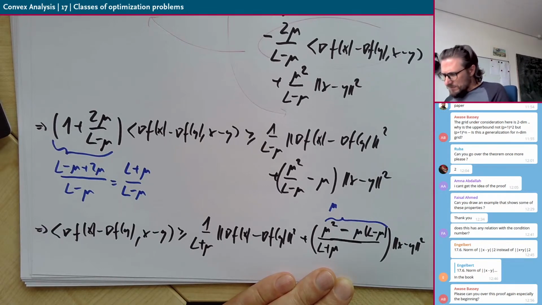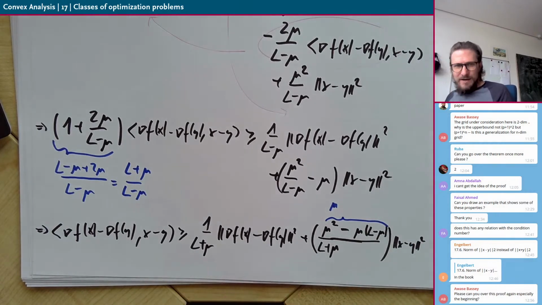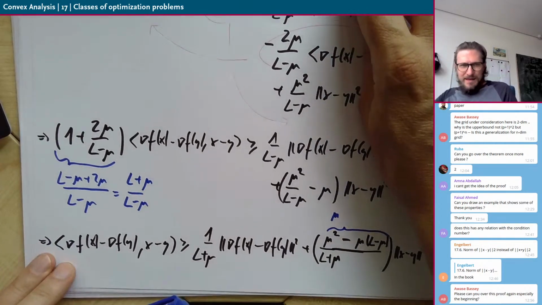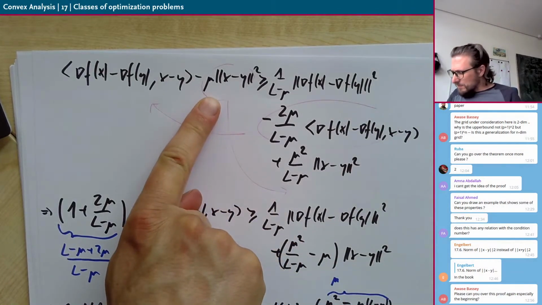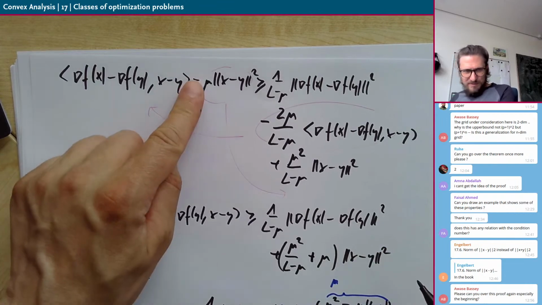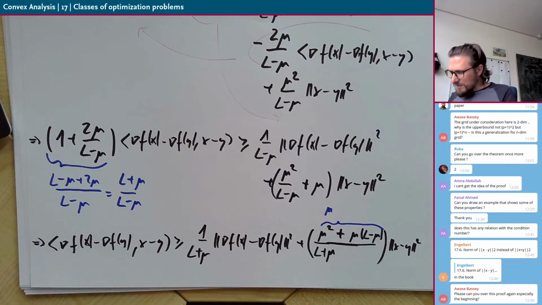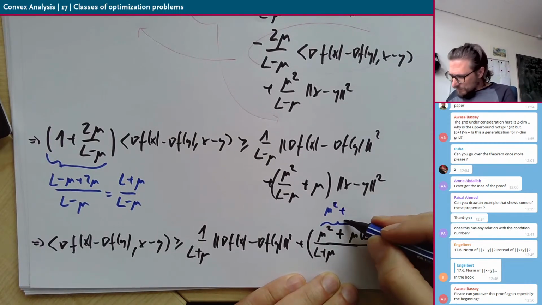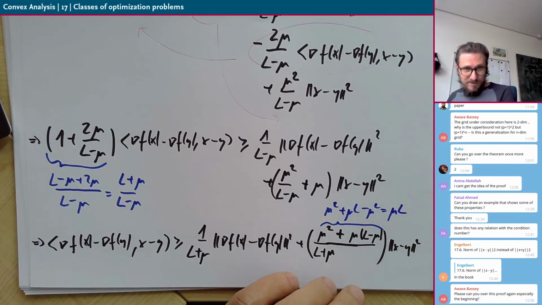Yeah, I made one mistake. I made one mistake when I brought this term to the right hand side. I should have written a plus here because it has been there with a minus sign, so it's a plus here, and so we also have a plus there, and then it makes sense. So this is now mu squared plus mu L minus mu squared. Actually it's mu L, and that's what should be there.